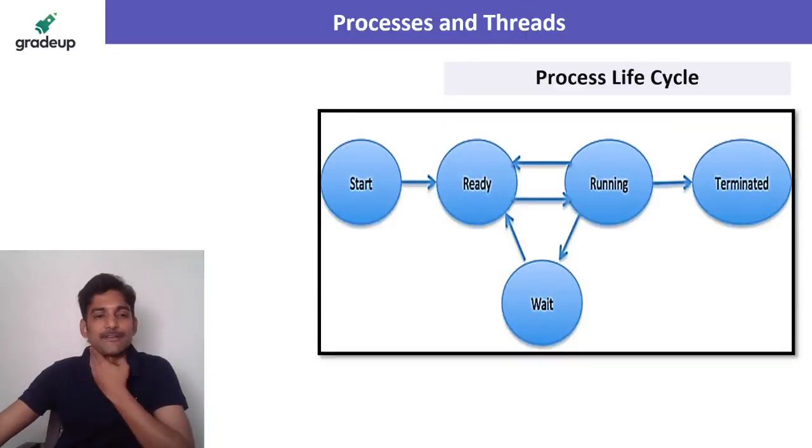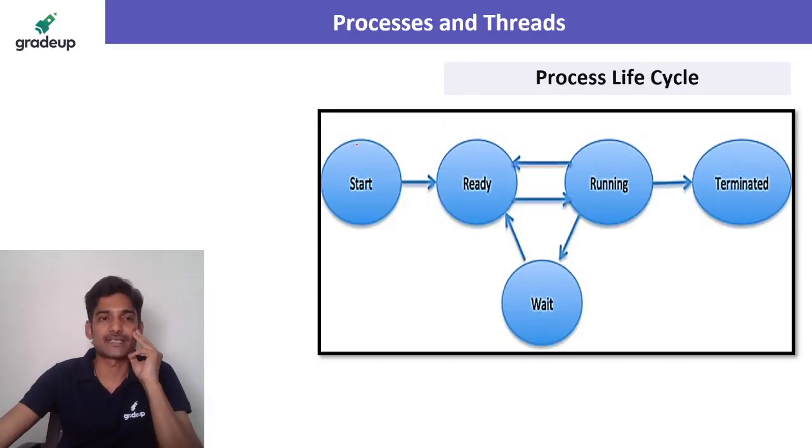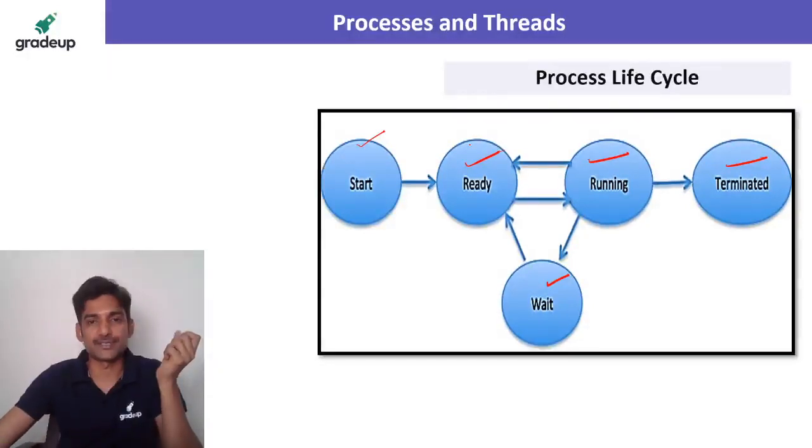In the process life cycle, generally there will be 5 phases. One is the start state, ready state, running state, exit state or terminated state, blocked state or waiting state, and these will be the transitions.